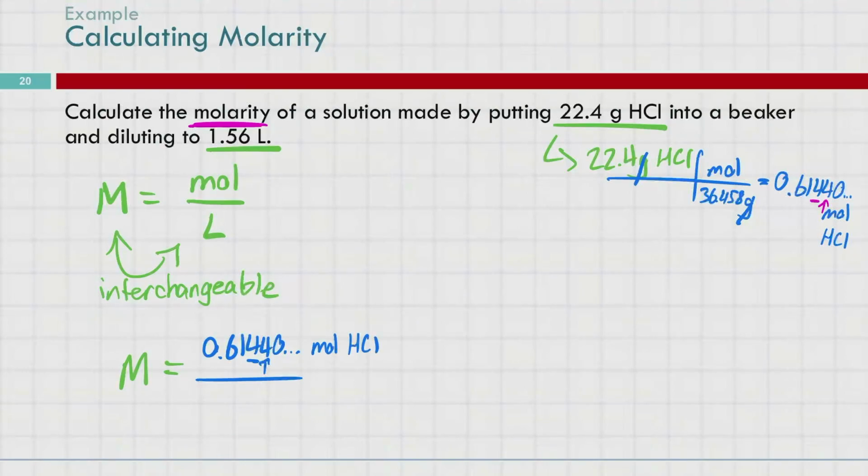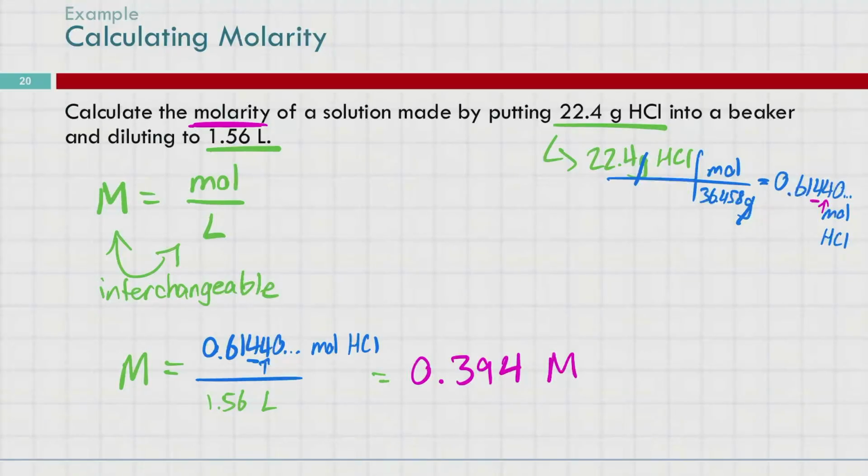Moles HCl over liters of solution, 1.56 liters. So divide by 1.56, and this is 0.394 after we round it for 3 sig figs.